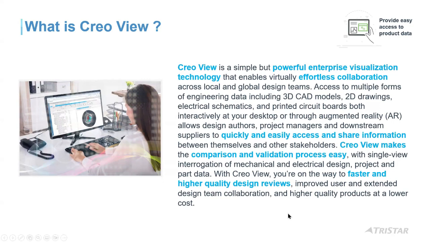If you're a Windchill user, every Windchill user has access to this viewer. The Windchill comes with Creo View Lite. Express is something you would install and have someone who's not part of your organization take a look at the information you send them. Creo View Lite is, if you're using Windchill, you could use this viewer.